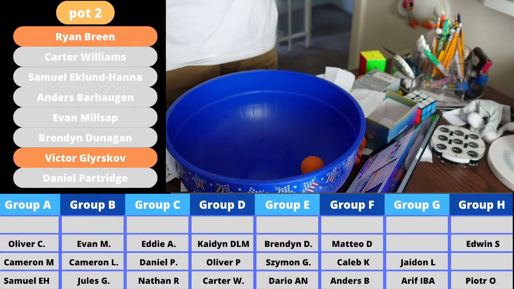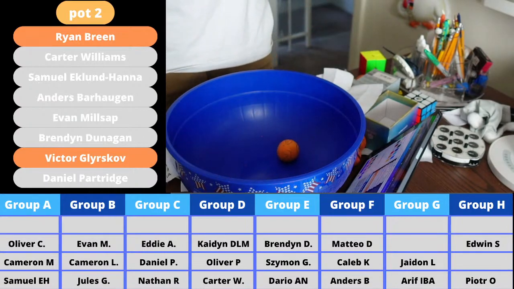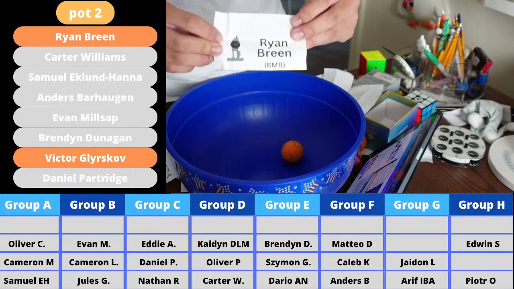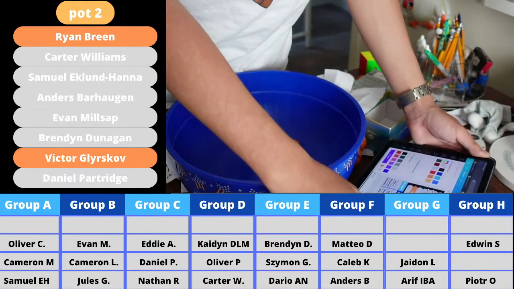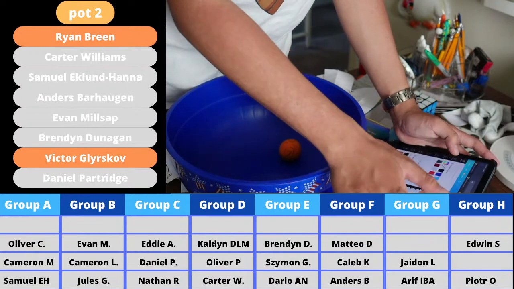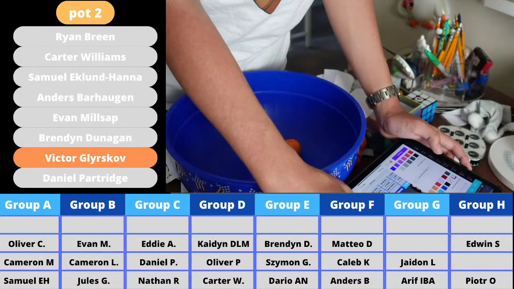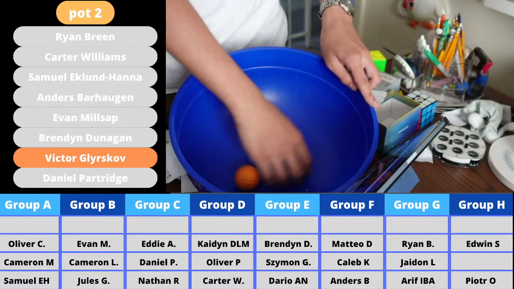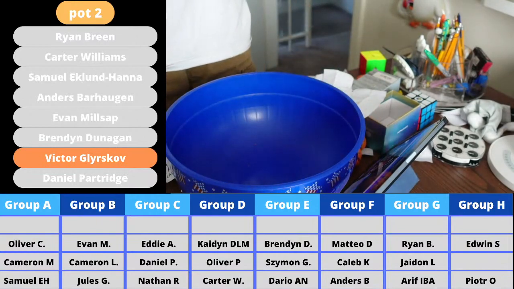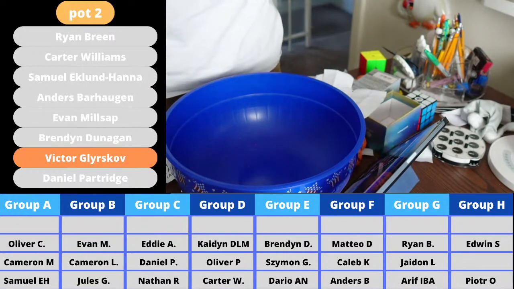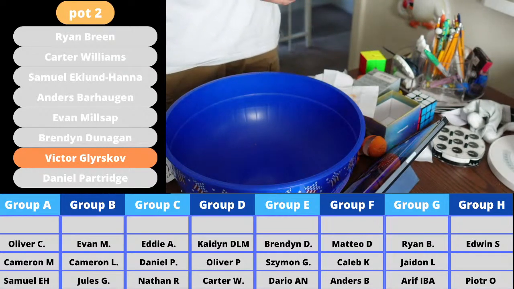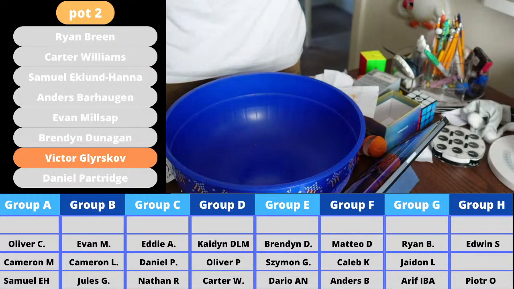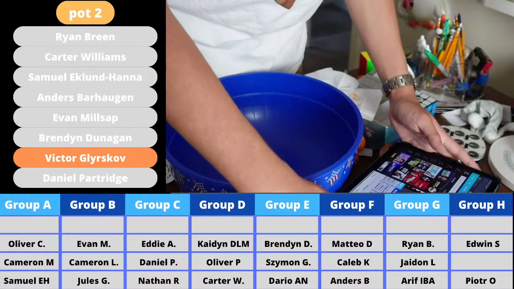That has to be competitively drawn. That competitor will be Ryan Breen. Ryan Breen will be going into Group G in position G2. Alright, and finally, the last competitor from pot 2 will be Victor. Victor will be going into position H3.